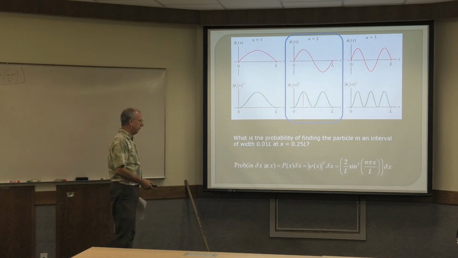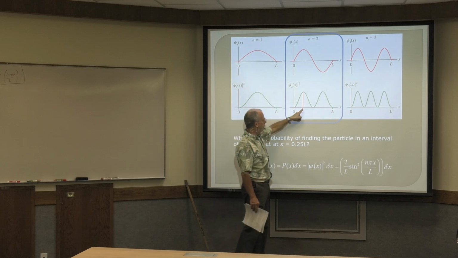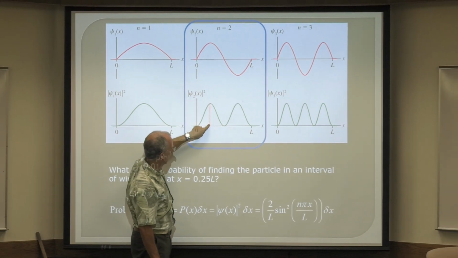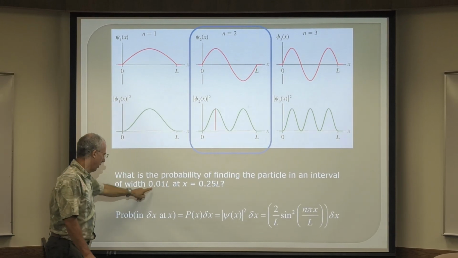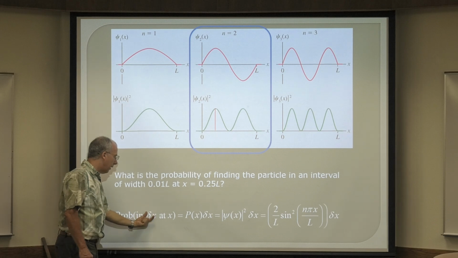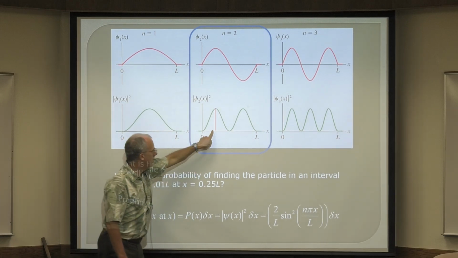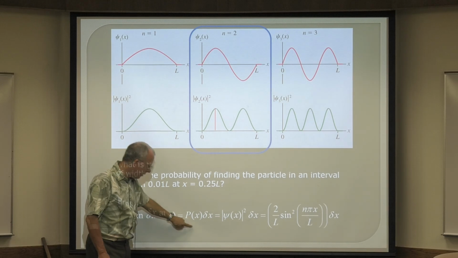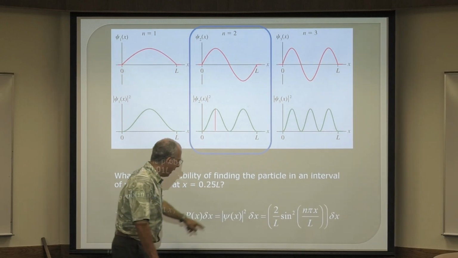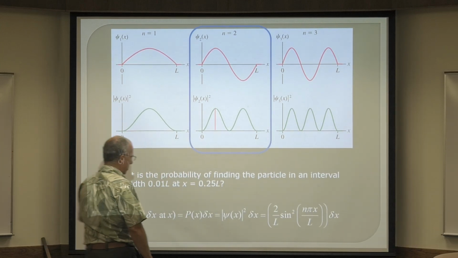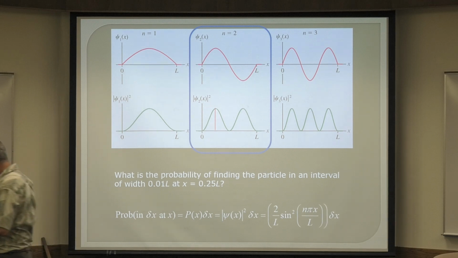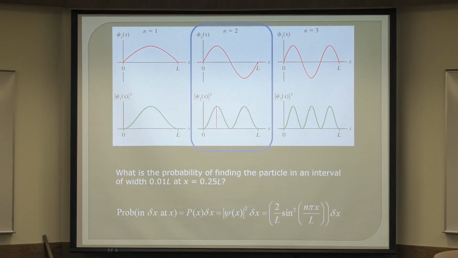Here's x equals 0.25 L. We want to find the probability that the particle lands in that tiny little width, 0.01 L. The probability that the particle lands in this width, delta x, at x, equals the probability density, probability per length, times the length, which is psi squared times dx. Okay, so that's not bad. All right, so let's do it.